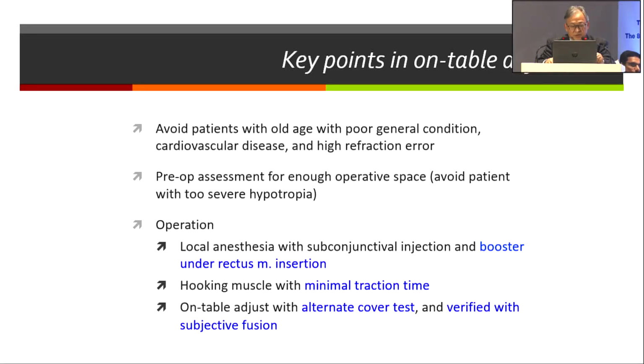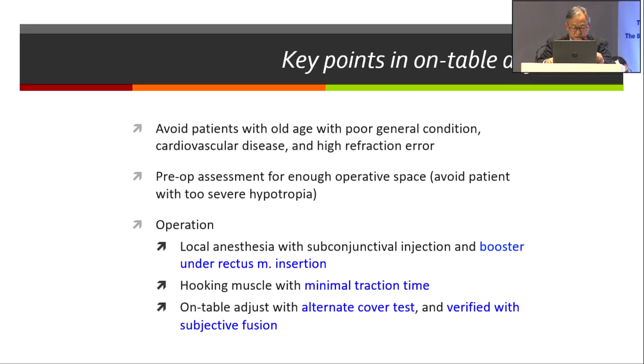We also need a preoperative assessment for enough operative space, and we should check if there is 6 millimeters of distance between the lower lid margin and the limbus, so that we have enough surgical space, and avoid patients with too severe hypertropia.